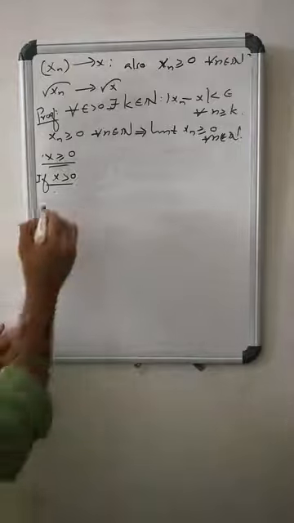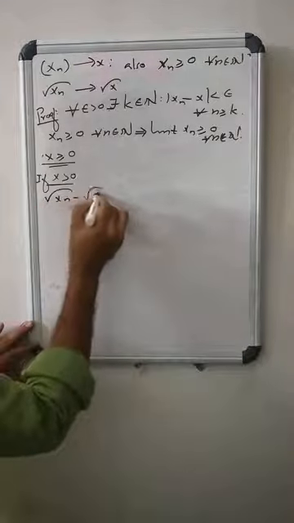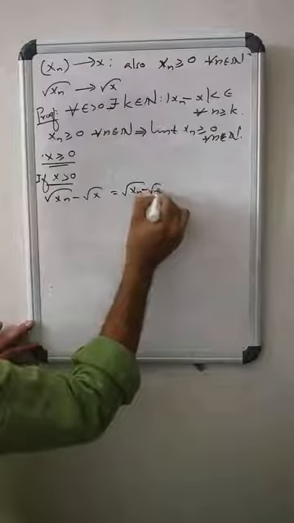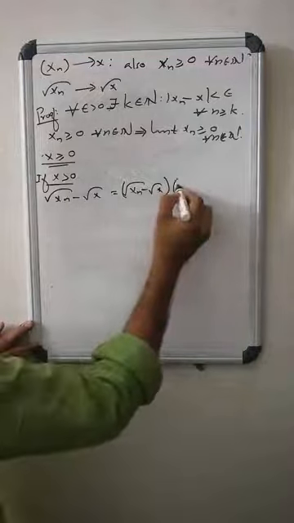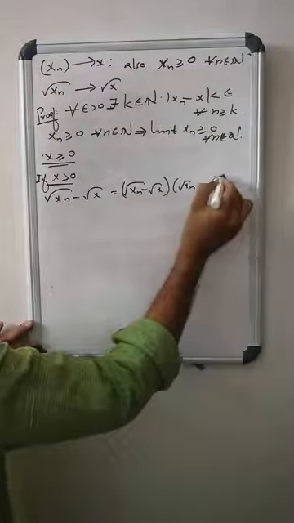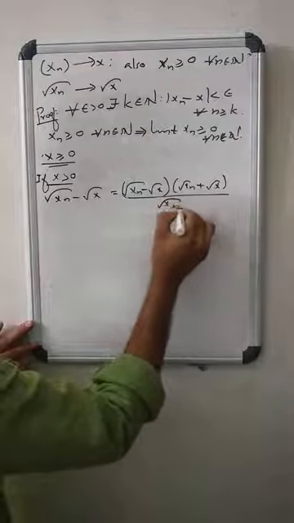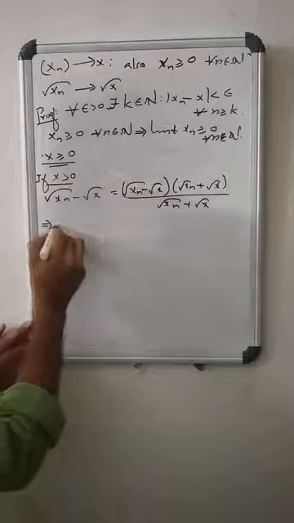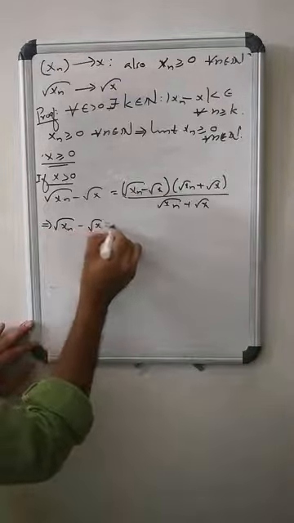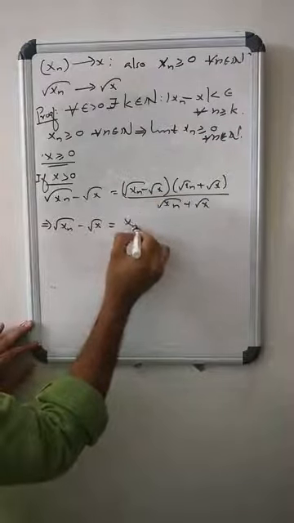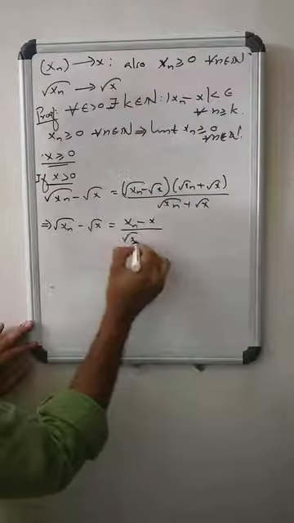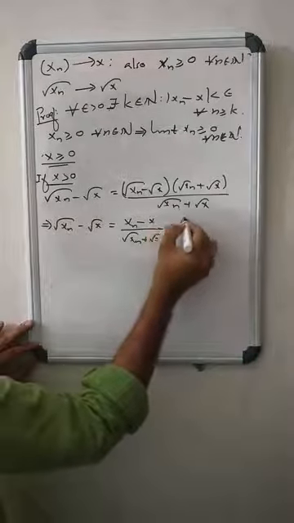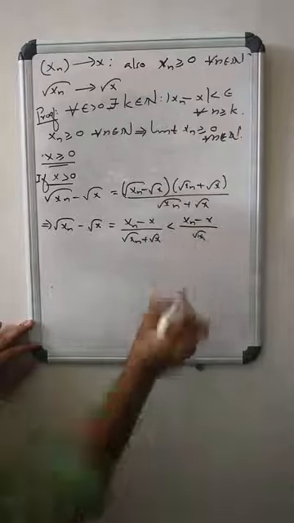So consider root xn minus root x. Multiply in both the numerator and denominator by root xn plus root x. It is of the form (a - b)(a + b). So root xn minus root x equals (xn - x) divided by (root xn plus root x), which is less than or equal to |xn - x| divided by root x.